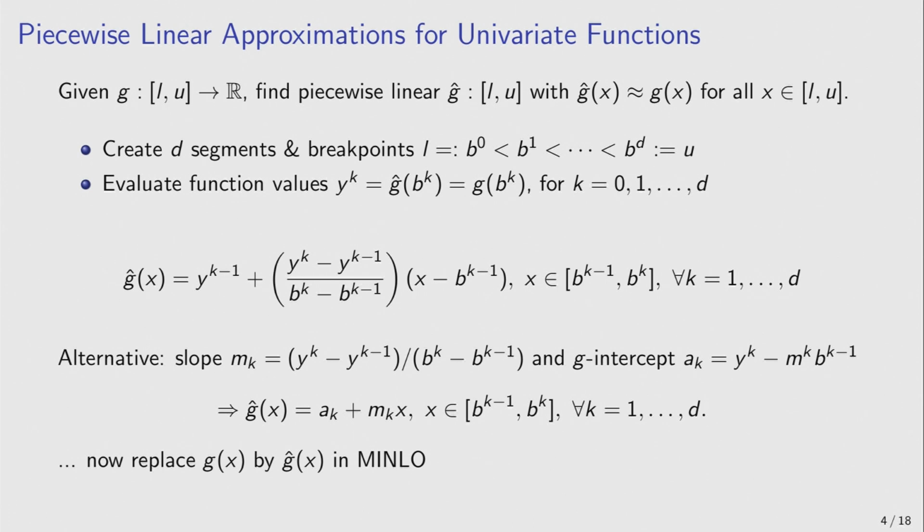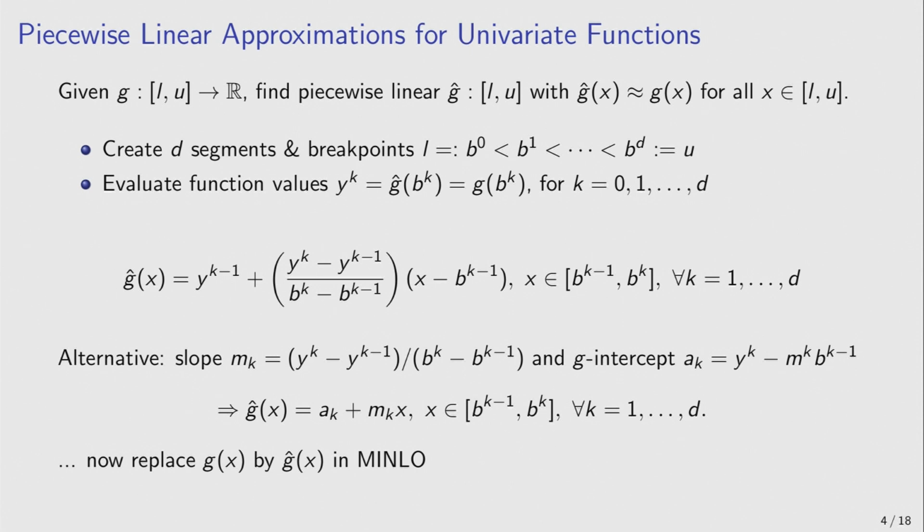If you plug in b_k here, then this term cancels with the denominator, and what you end up with is y_{k-1} plus (y_k minus y_{k-1}), which is y_k, correct? And if you plug in b_{k-1}, this becomes 0, that cancels, and you get y_{k-1}. So you have a linear function, it matches the two endpoints.